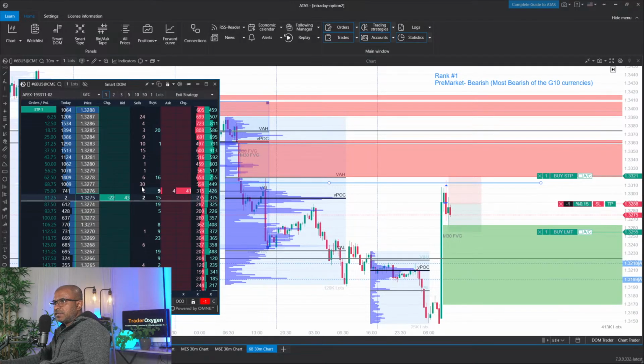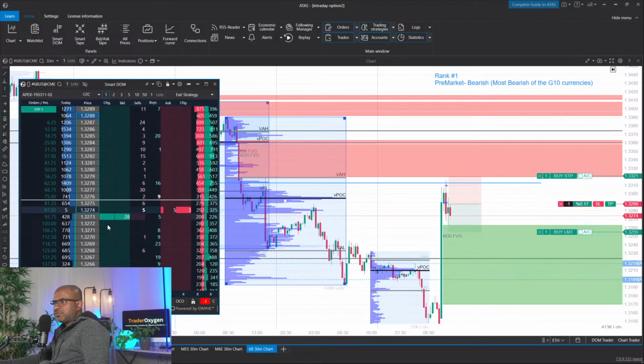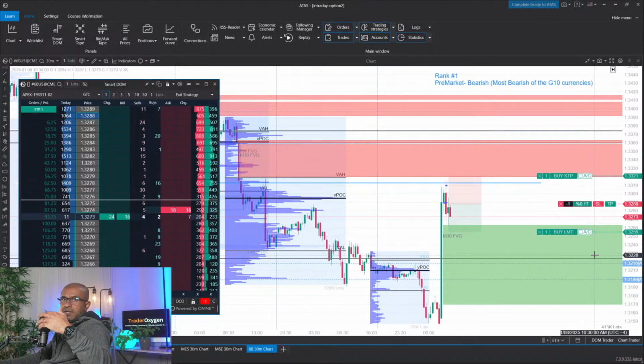This column is aggressive buying, this column is aggressive selling. You can see negative change, that means buyers are backing up. See, the buyers were backing up, so the price went down.